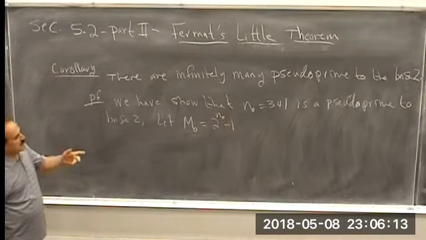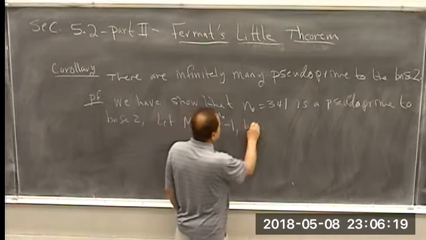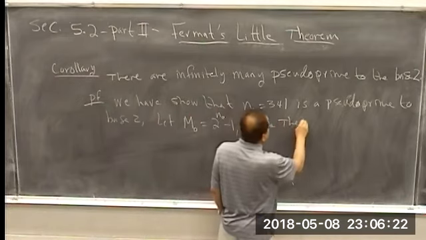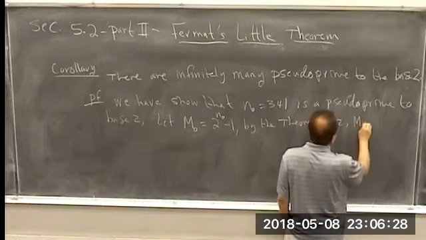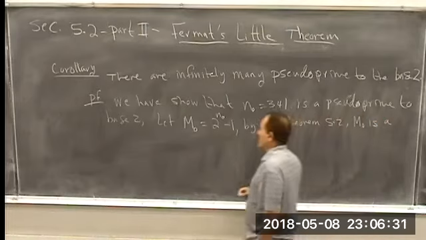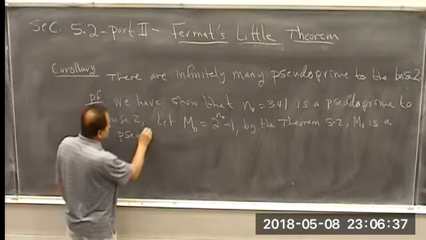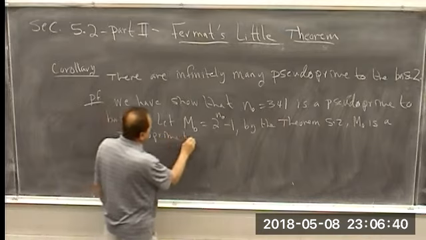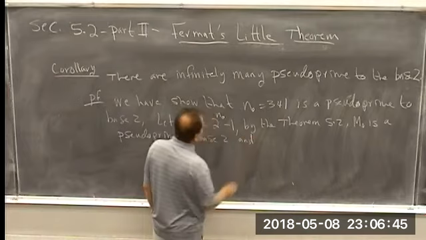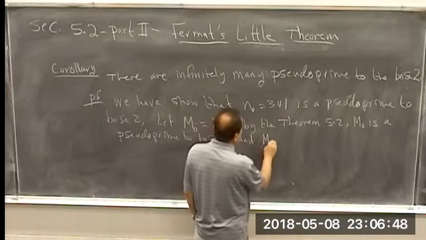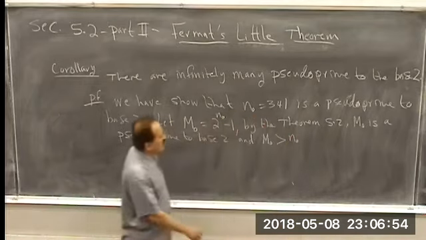Now, remember that when n sub 0, the previous one, by the theorem, m sub 0 is a pseudoprime to base 2. And of course, m sub 0 is bigger than n sub 0, the original one.